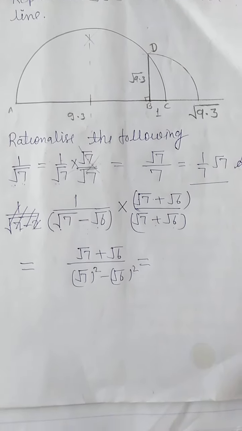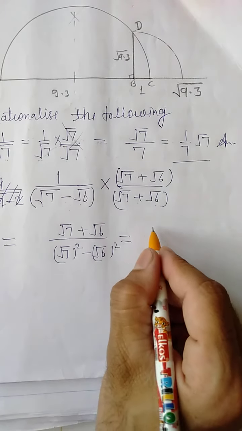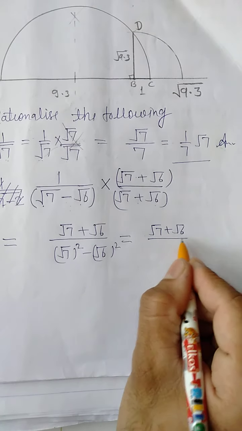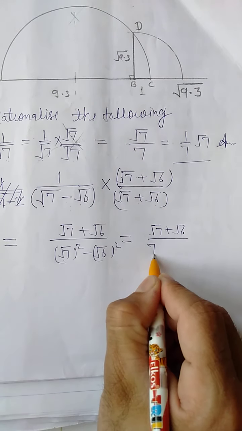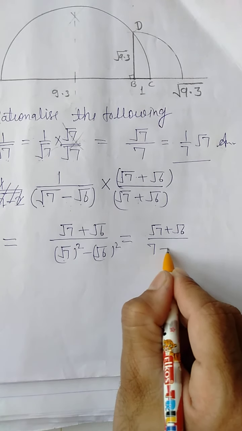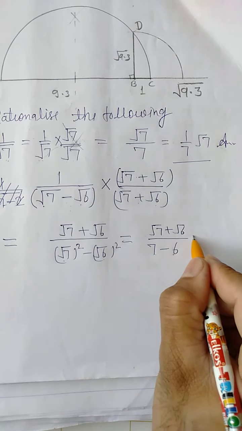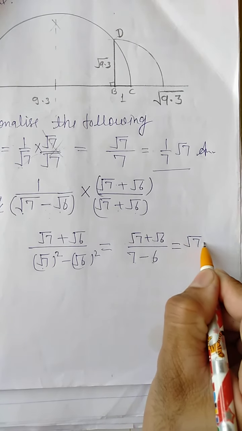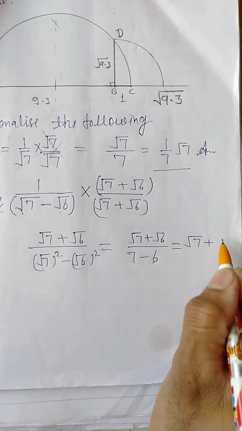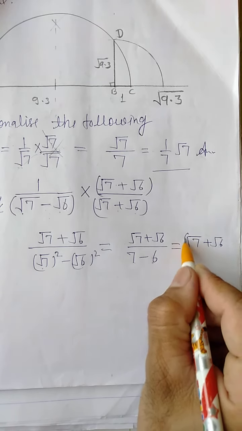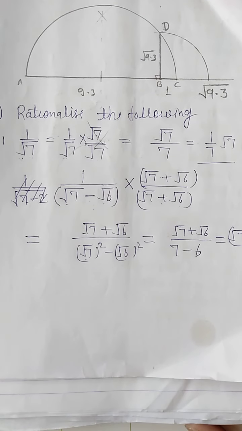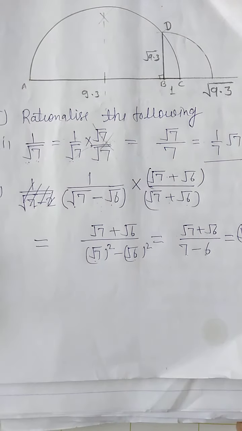So this will be root 7 plus root 6 upon 7 minus 6, which equals 1. So what will come here? Root 7 plus root 6 only, upon 1. No need to write this one. This is the answer. This is rationalization. Similarly, you can do the rest also.